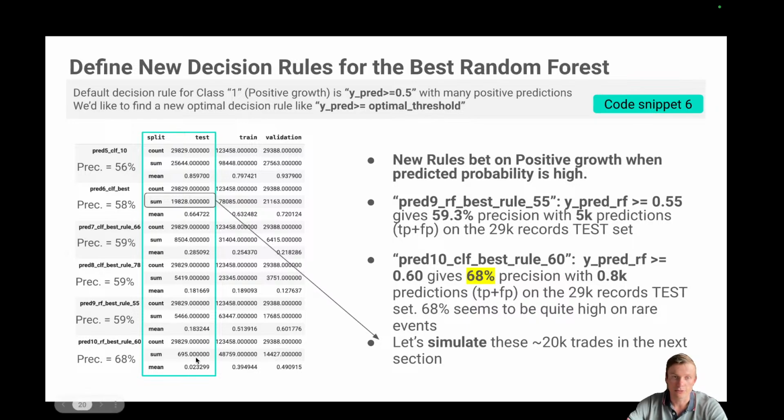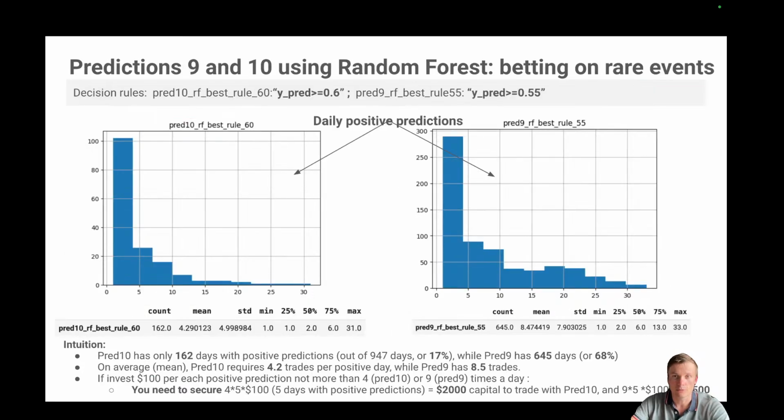But prediction number 10, which is just a cherry picking prediction with a high decision rule, says that you need to invest only in 695 cases out of 30k cases. So that's the idea, that we want to have fewer predictions, but we want to bet on more profitable predictions and pay less fees.